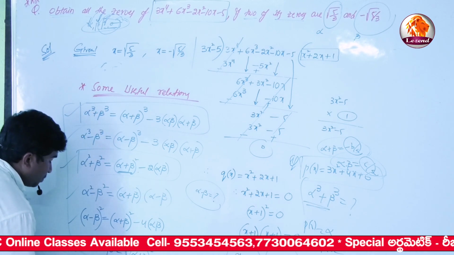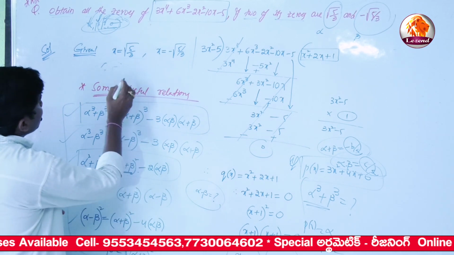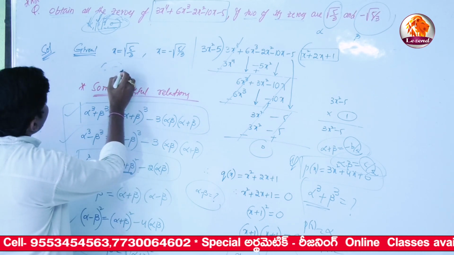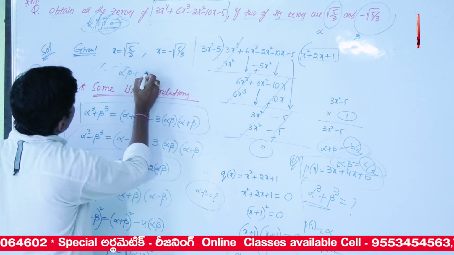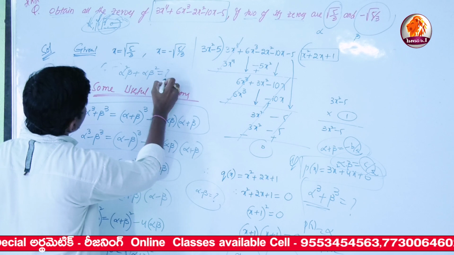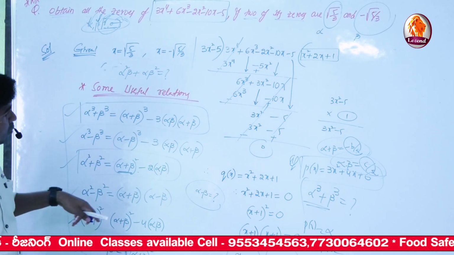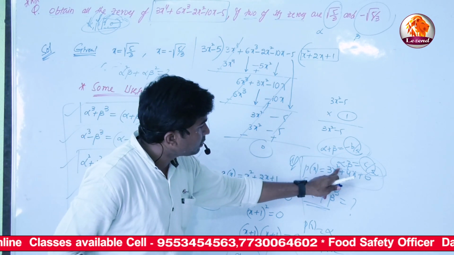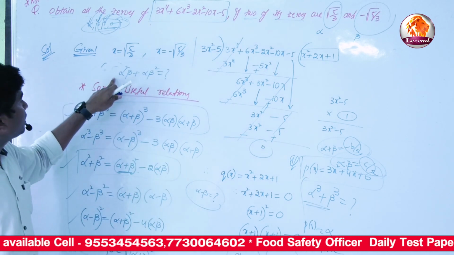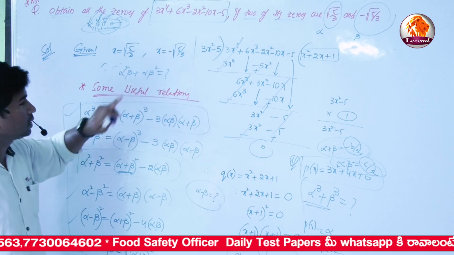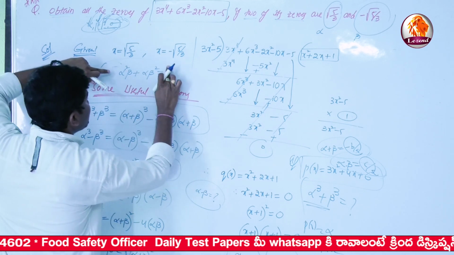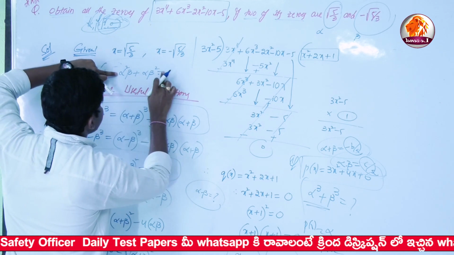One more example. In a quadratic polynomial, they have given to find alpha square beta plus alpha beta square. We know only alpha plus beta and alpha beta. So in this case, don't worry about the concept, just take the common factor.